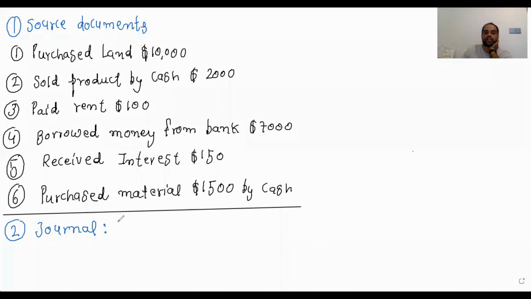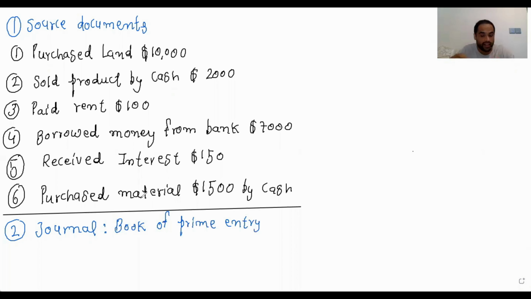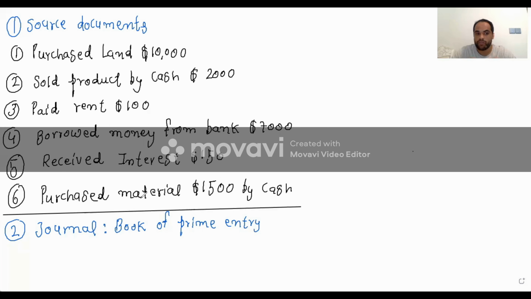Another name of journal is book of prime entry. What does it mean, book of prime entry? It means the journal is an account book in which we record information the very first time. With source documents, we haven't started recording information in our accounts. We start recording information in our accounts from step 2.